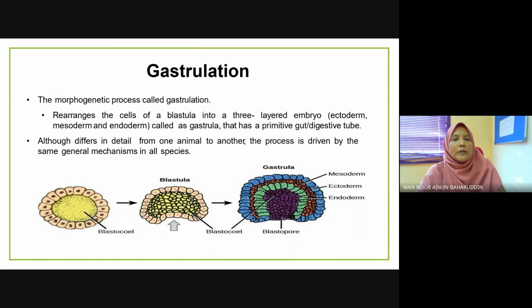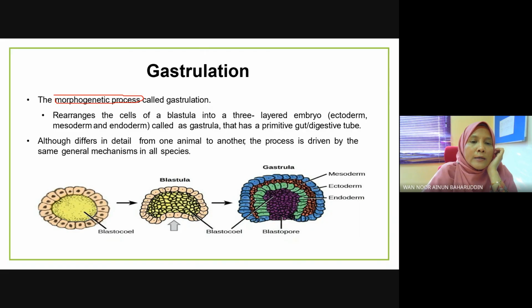Okay, now we go to the next part. After blastocyst formation, there is the next part, gastrulation. This is a morphogenetic process, meaning morphology plus genetic.